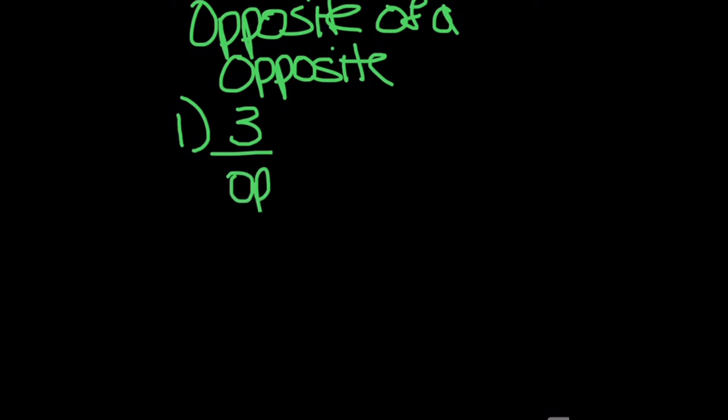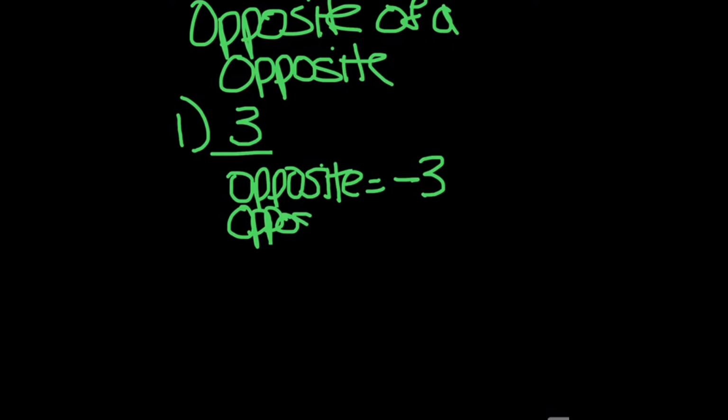First, you're going to find the opposite. What's the opposite of 3? -3. Now you're going to do another opposite, but this time with the -3. So it's the opposite of the opposite. Your first result was -3, and now the opposite of -3 is 3.